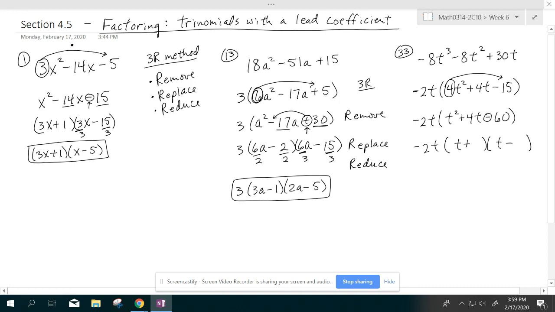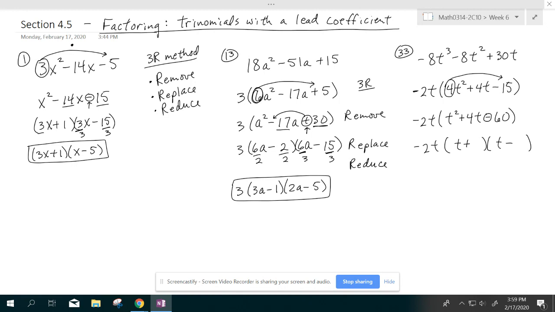T and T. And numbers. Negative 6 and 10.